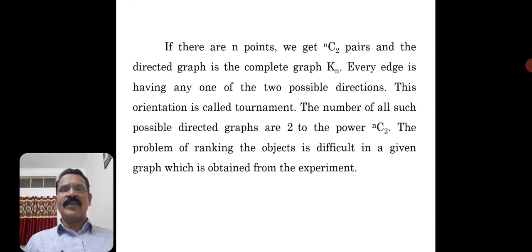In the next session, we are going to discuss tournaments in detail. The number of all such possible directed graphs is 2 to the power nC2. The problem of ranking the objects is difficult in a given graph which is obtained from the experiment.